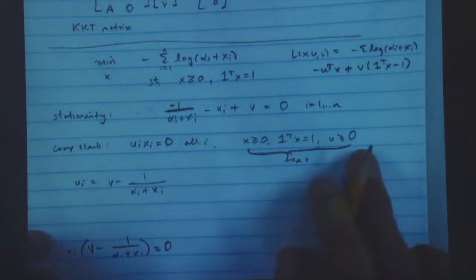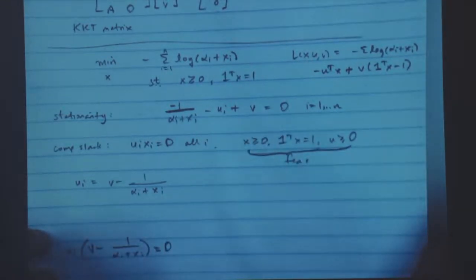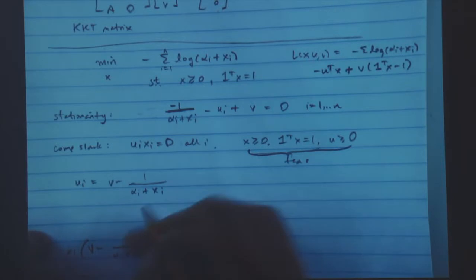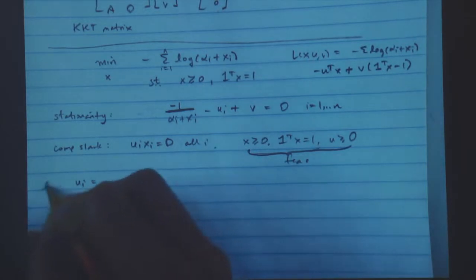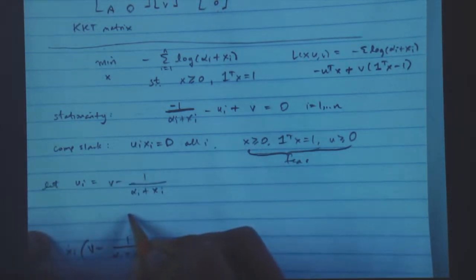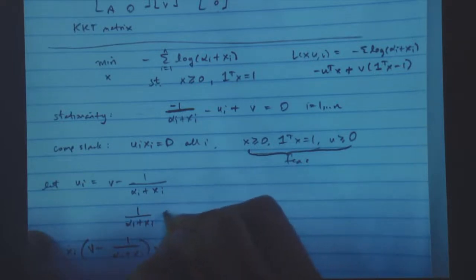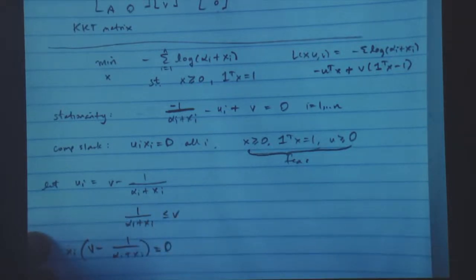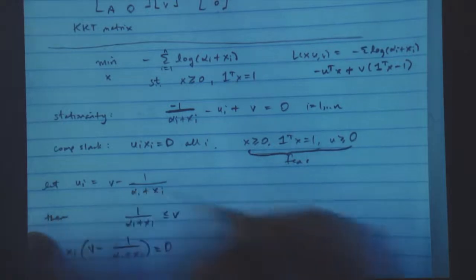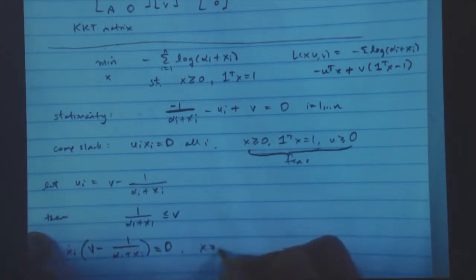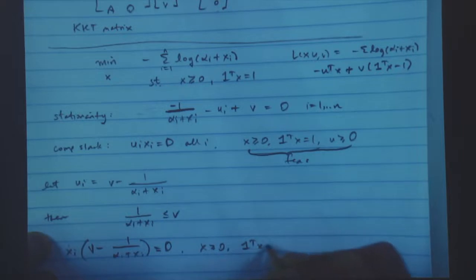Now let's combine dual feasibility and stationarity to say that we have to have 1 over alpha_i plus x_i being less than or equal to v. Okay, so now we've simplified the KKT conditions a bit.